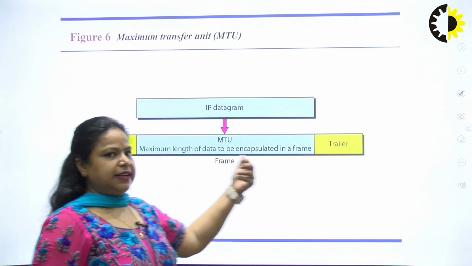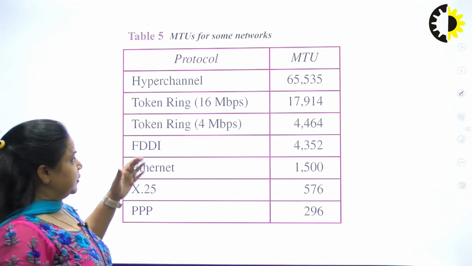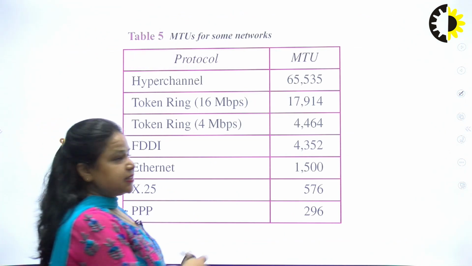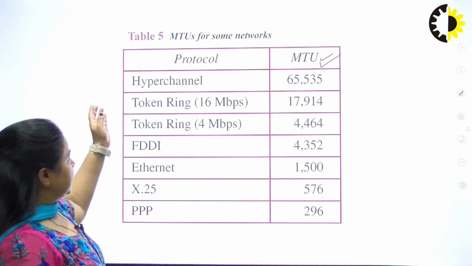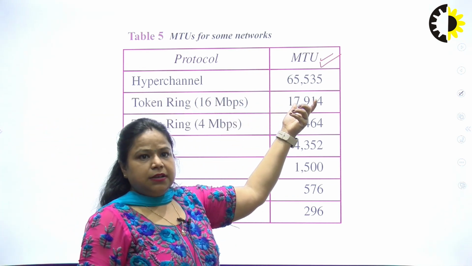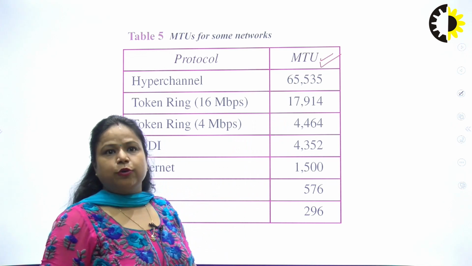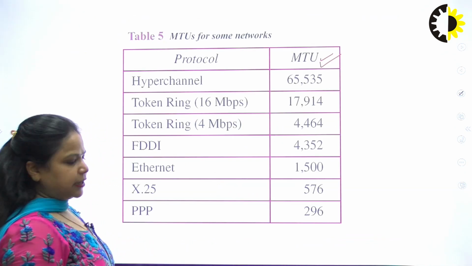Which include the header as well as the trailer, right? So in that case, whatever protocols we are having, this is the size of the units. Just for example, if we are using a token ring, then the MTU size is 17,914 bits, right?